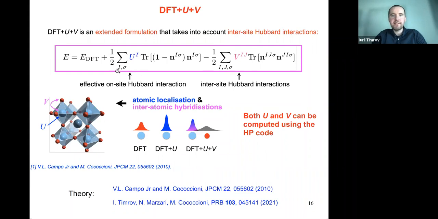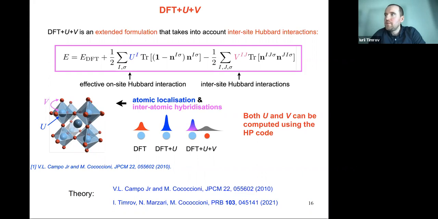So this extended functional gives more flexibility, and allows us to correct not only the localization problem of 3d electrons, but also the interactions with ligand states. So this general formulation is very powerful. And from our experience, DFT plus U compared to hybrids, because some people asked if DFT plus U is better than hybrid functionals or GW.